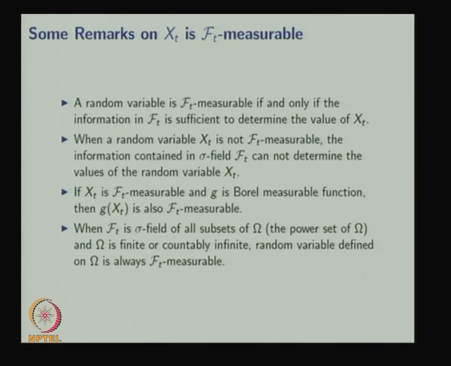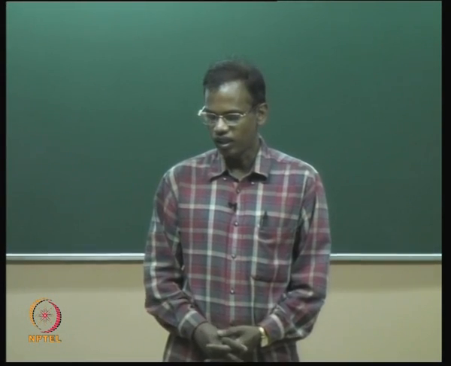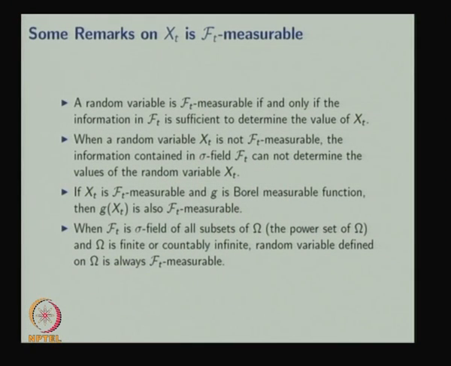Whenever the sigma field Ft is the power set or the largest sigma field, in that case the random variable defined on omega is always Ft measurable. We know that whenever Ft is the largest sigma field, then any real valued function is going to be a random variable.